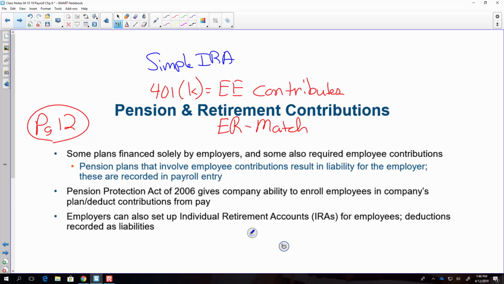Many small ones don't, just because of the cost to maintain it, and there's a lot of requirements. You can't discriminate in favor of high-paid employees versus the lower-paid employees. So there has to be an even contribution or matching, and the employer has to follow certain rules.